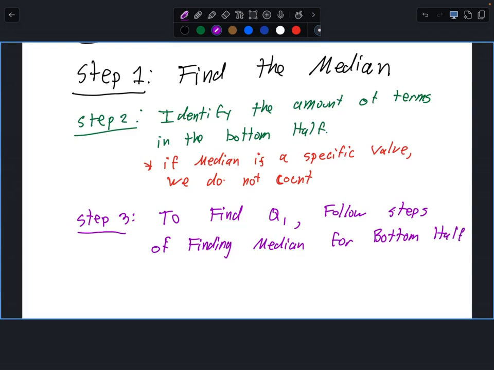You do the same thing. You might end up with 2 numbers, you might just end up with 1 number. You just do the process again with the bottom half. If there's 4 terms, 4 plus 1, and you do the same thing. If there's 5 terms on the bottom, 5 plus 1, you do the same thing for just that bottom half.